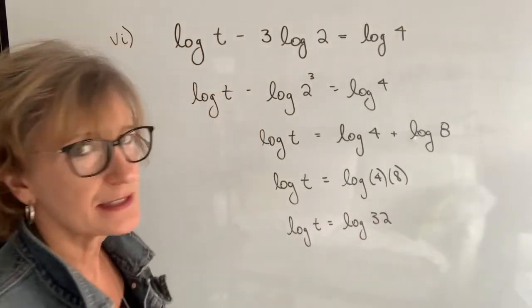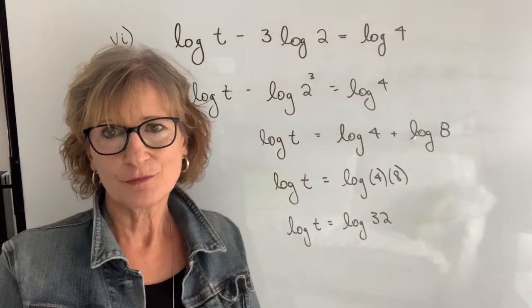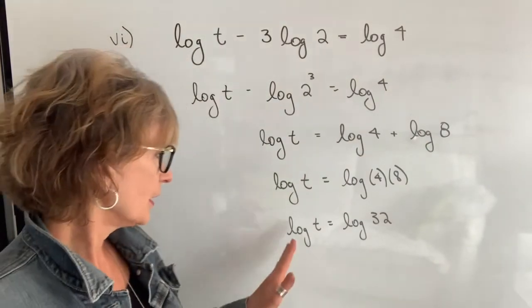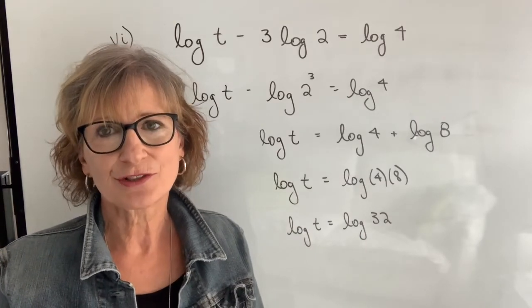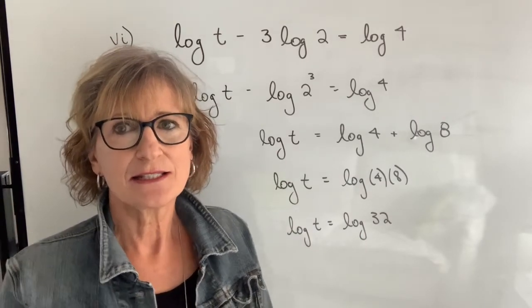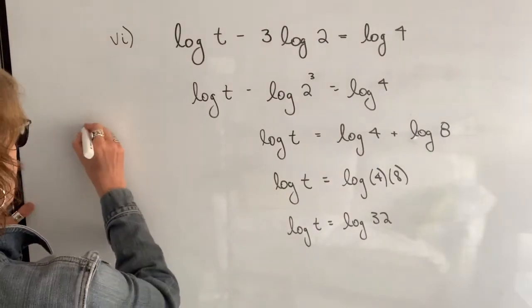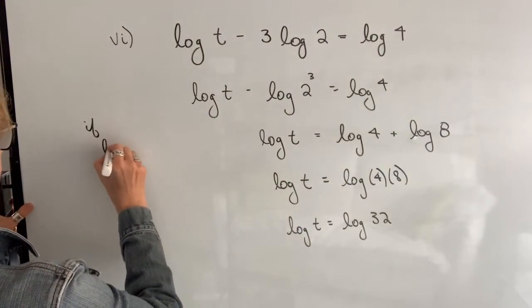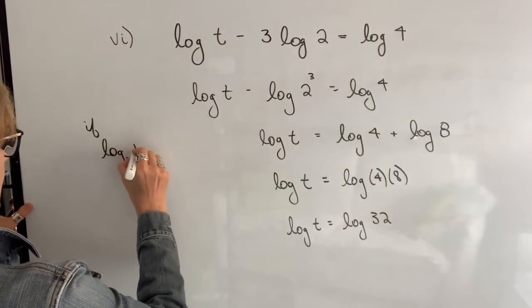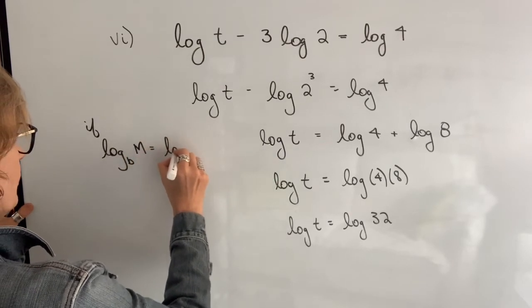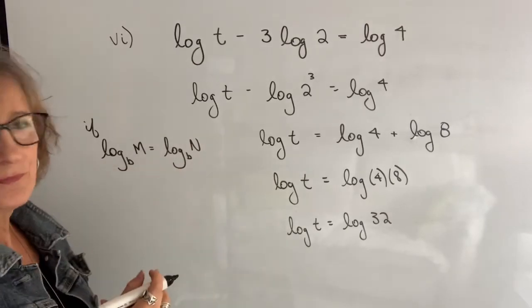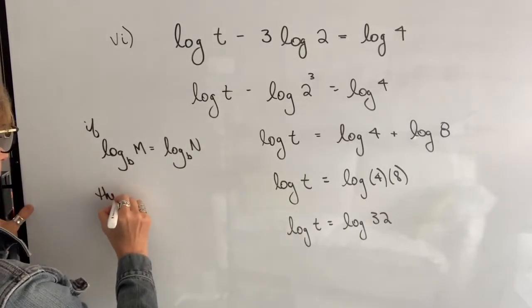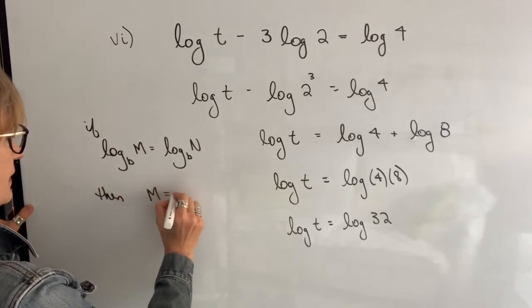Now this is a different situation because I have a log of t equals the log of 32. I can't go into exponential notation. In this case, if you encounter an equation like that, if you have the log of, let's say, m equals the log of n, and the base is the same, then you can say that m has to equal n.